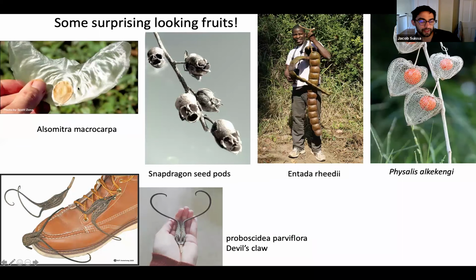You have these winged seeds of alsomitra, which is a cucurbit, related to cucumbers and things like that. And then you have these weird fruits that look like they're out of an alien movie, but they bind on, they're hitchhikers essentially. And I think that's all I got.